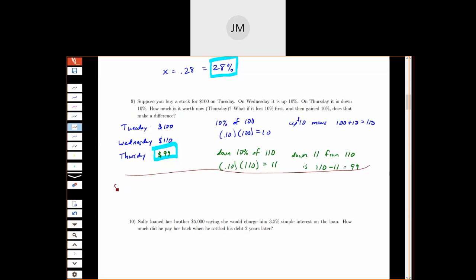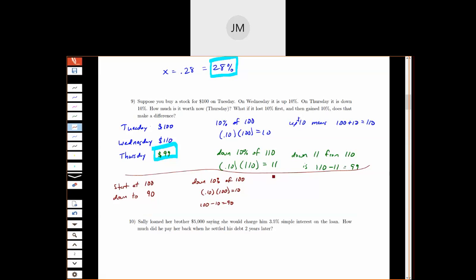Okay, so if we start at $100 and we go down 10%, 10% of $100 is $10, so we go down to, I should do the subtraction, it's $90.